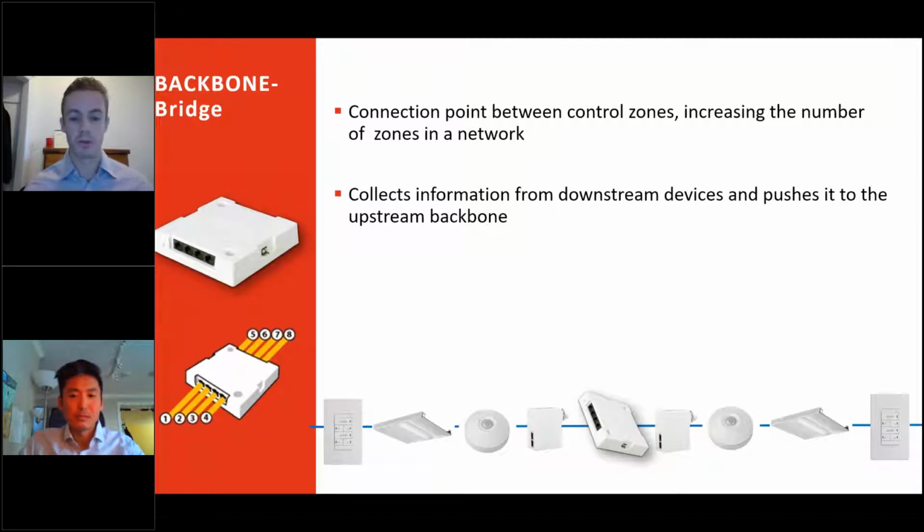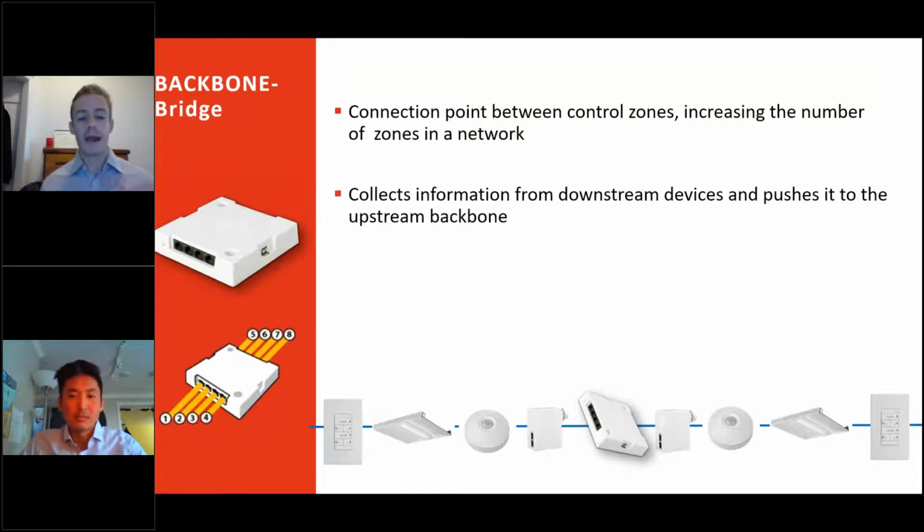As you see up on the screen here, as an example, we have 8 RJ45 ports in this bridge. That would allow us to have 6 zones of control, and then an input reading from the previous bridge and an output going to the next bridge, if we do want to build upon our system and connect multiple bridges, each with their 6 zones, to one another.